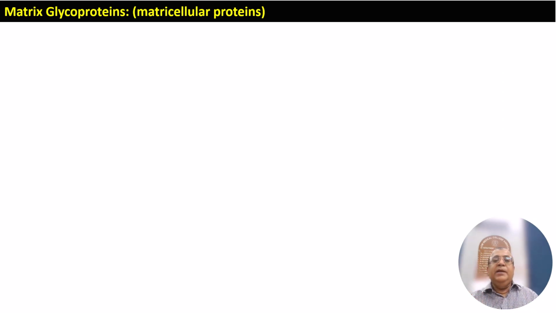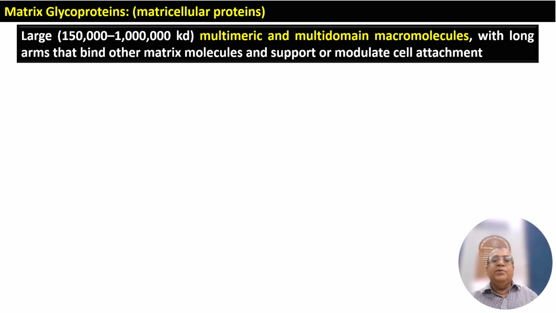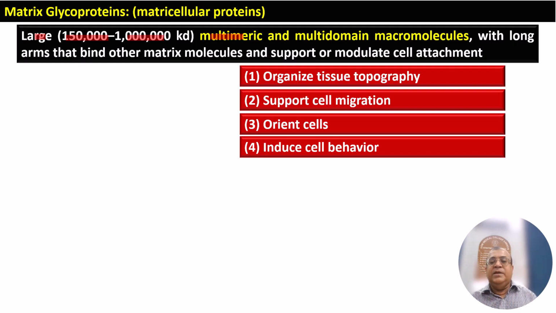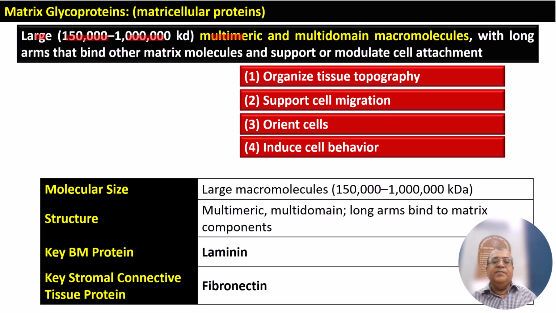Matrix glycoproteins, or matricellular proteins, are large, weighing about 150,000 to 1 million kilodalton, and they are multimeric and multi-domain macromolecules with long arms that bind with other matrix molecules and support or modulate cellular attachment. They organize tissue topography, support cell migration, are responsible for orientation of the cell, and induce cellular behavior.